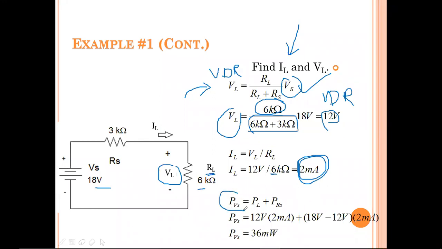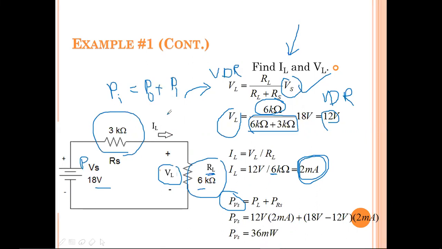Supply power is equal to the power at the load plus the power at the internal resistance, which is the loss. Means P input is equal to P output plus P losses.